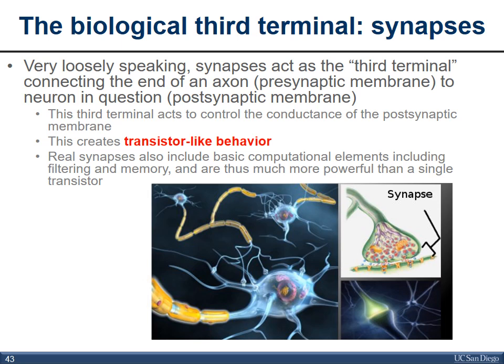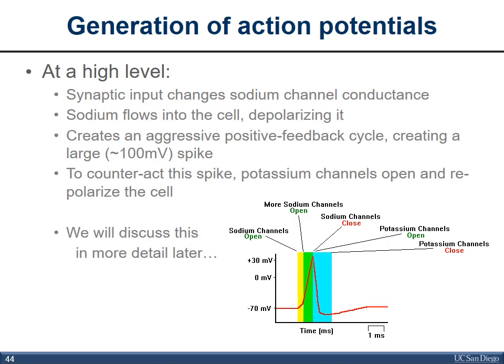Now it turns out that real synapses, when you get into the nitty-gritty details, are so much more complicated and powerful than simply just a third terminal. They have a little bit of computational elements, there's a little bit of memory inside of them, and so on and so forth. So it's not really the perfect analogy, but it is a somewhat useful analogy to keep in the back of your mind.